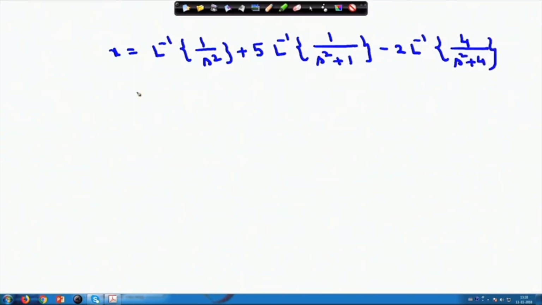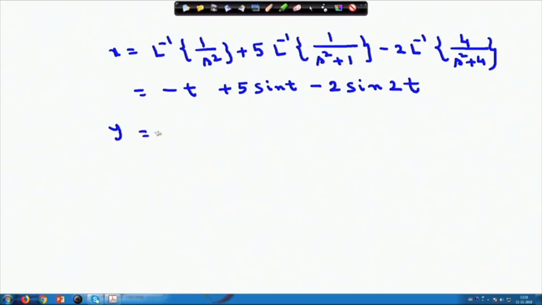I know all these: Laplace inverse of 1 by s square is minus t, 5 into 1 by s square plus 1 will be sin t, and minus 2 into, here a is 2, so a by s square plus a square, this is 4 by s square plus 4, so this will be twice sin 2t. Once I get this, I have x as a function of t.